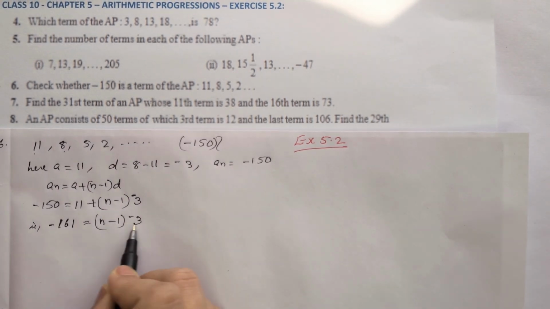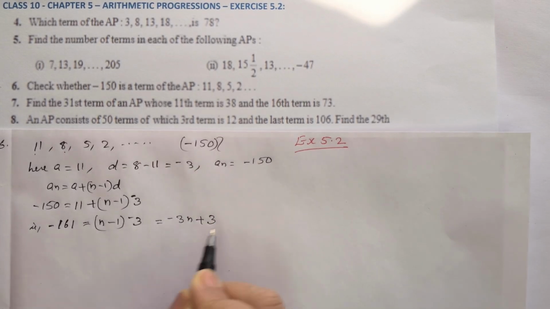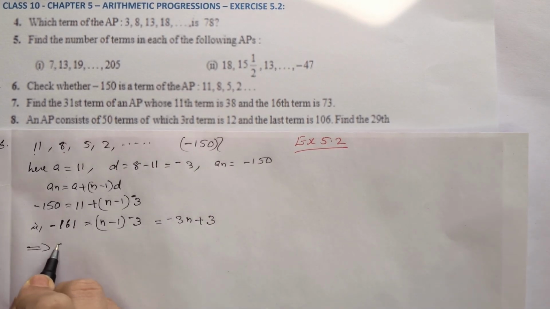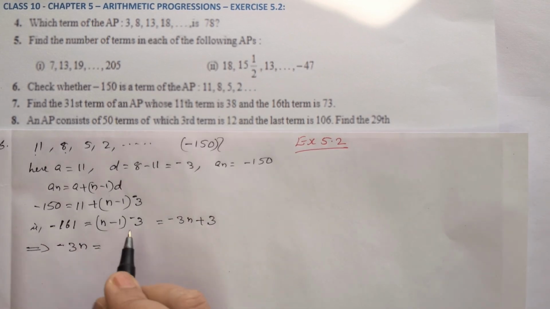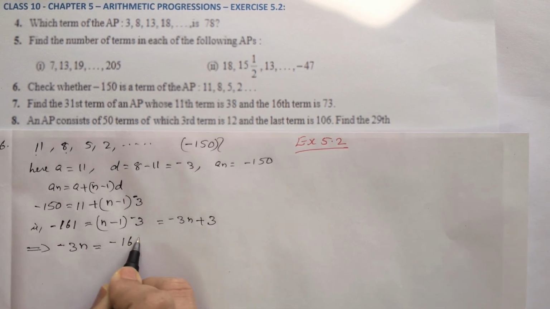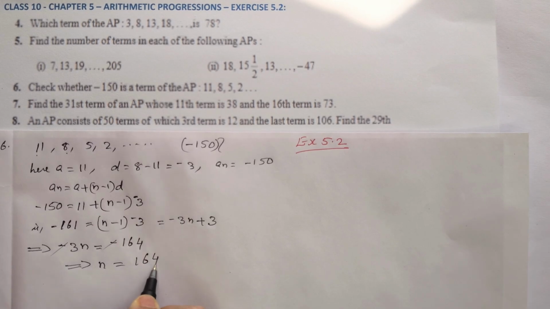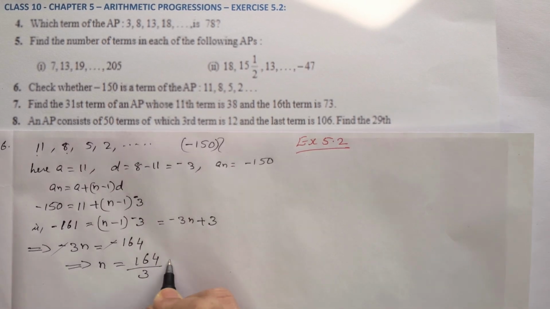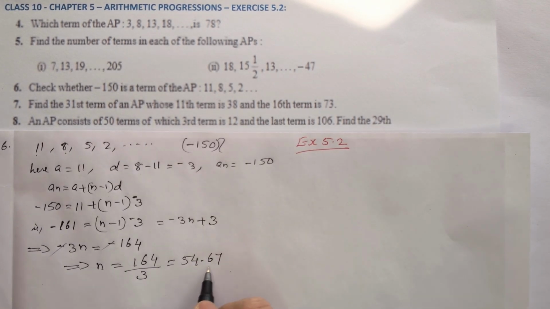That means when we are opening this bracket, it will come minus 3n plus 3, which implies minus 3n is equal to 3 moved to the other side, so minus 164. Minus we can cancel from both sides, which implies n is equal to 164 by 3. When we are doing this division, we will get 54.67.